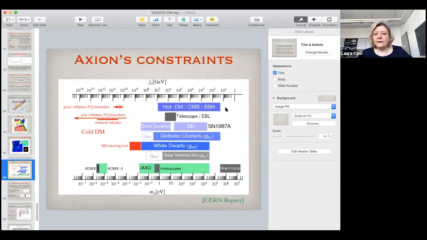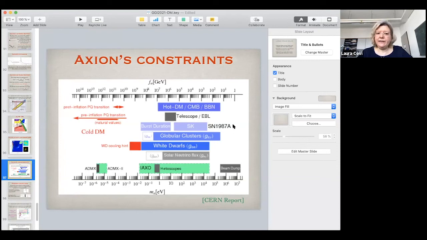On one side you have these constraints coming from Super-K, SK, or from supernova, and white dwarfs, and globular clusters. These are again connected to this cooling mechanism for stars, which I was mentioning. And here in the parentheses, you see the coupling which is playing the dominant role in this limit. Here, for example, the coupling to photons. In some cases, also the coupling to electrons is playing a role.